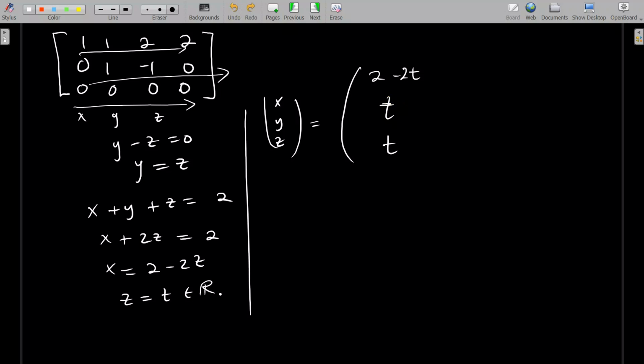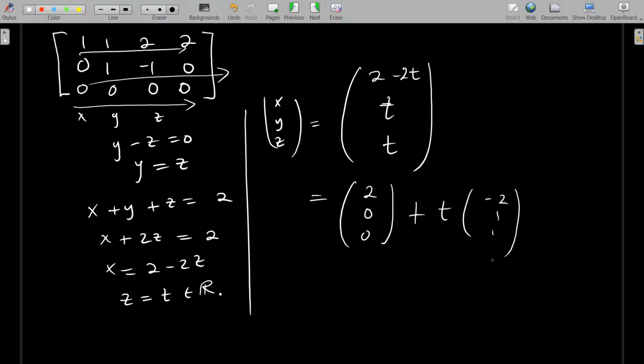And if you want to split this into numbers plus the variable, I have 2 0 0 plus t times -2 1 1, and that becomes my solution to this system, right?